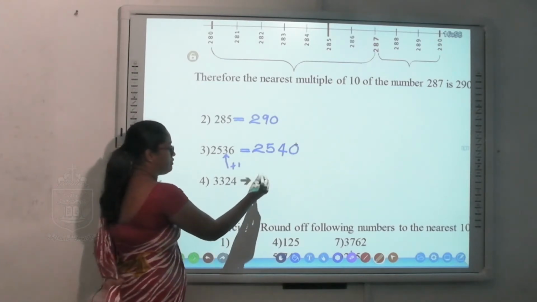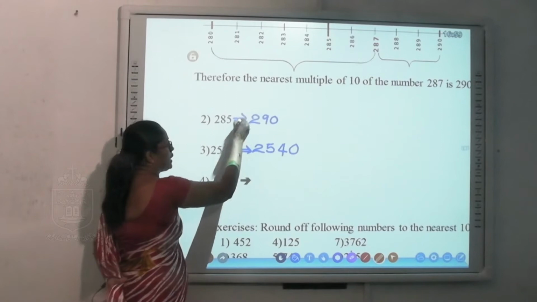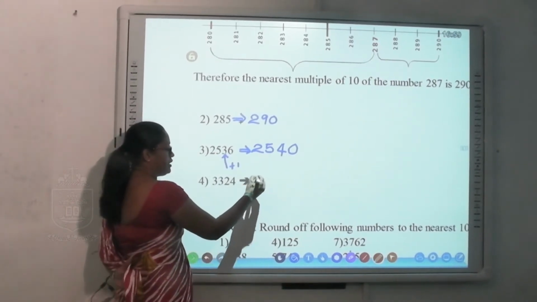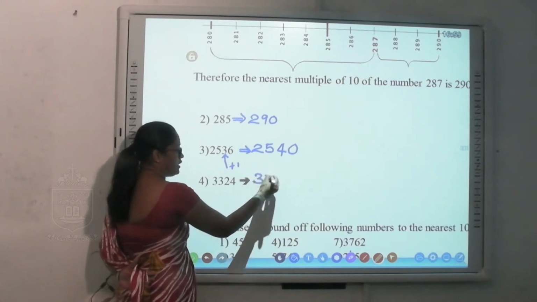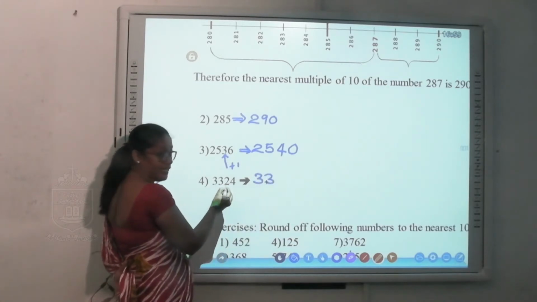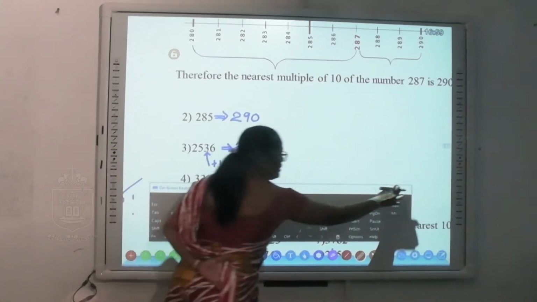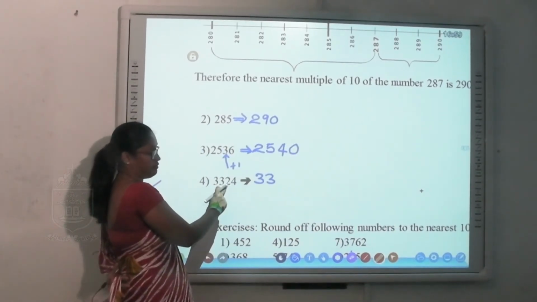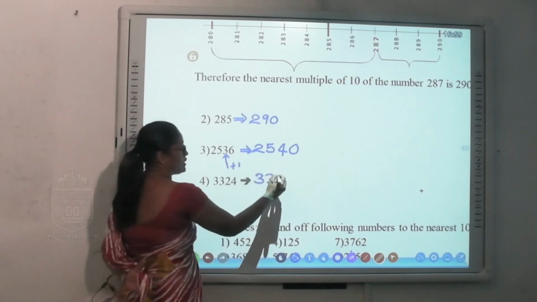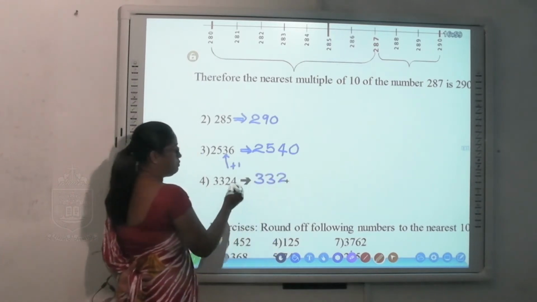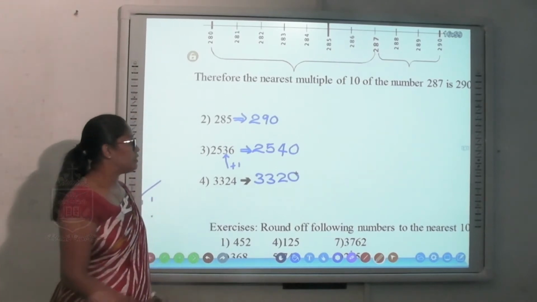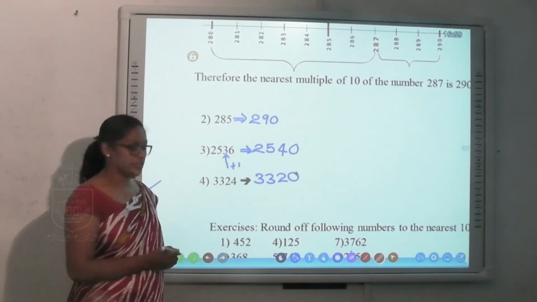So the answer will be 3300. I am not adding any number to this number. In the 10th place I just write 2. The unit place should be 0. This is how we can round off numbers to the nearest 10.